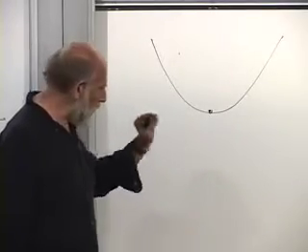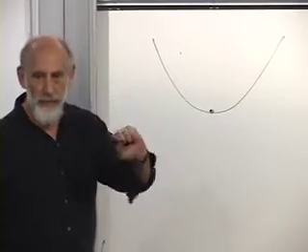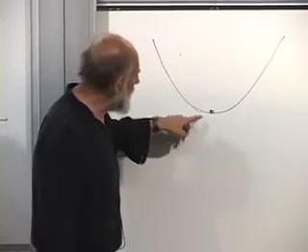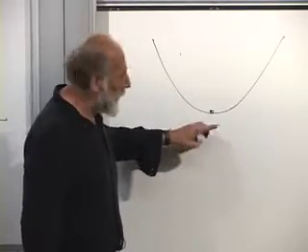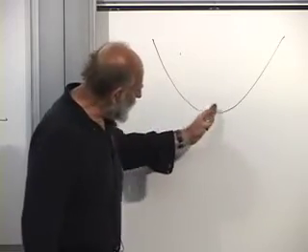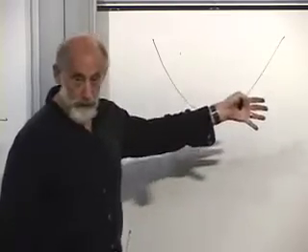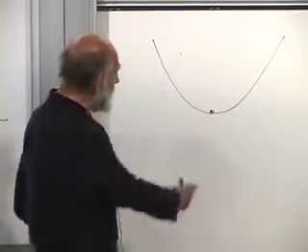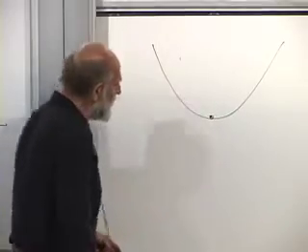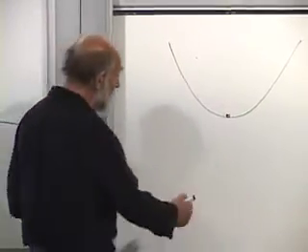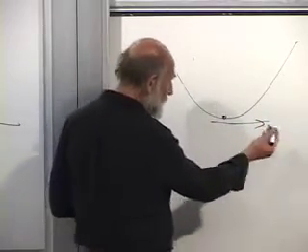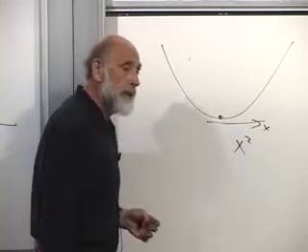Unless, of course, you artificially tune the x squared term away. A typical situation, the general situation, except for some very special fine-tuned situations, is if you have a function with a minimum, that if you look nearby the minimum, it looks like a parabola. A parabola means that nearby the minimum, if I study the system in terms of deviations away from the minimum, let's call that variable x, the potential energy will look like x squared.